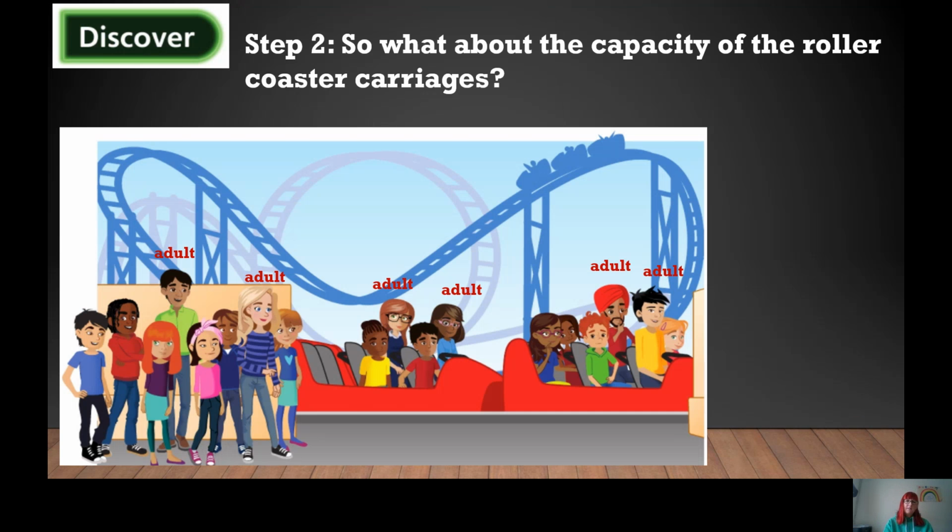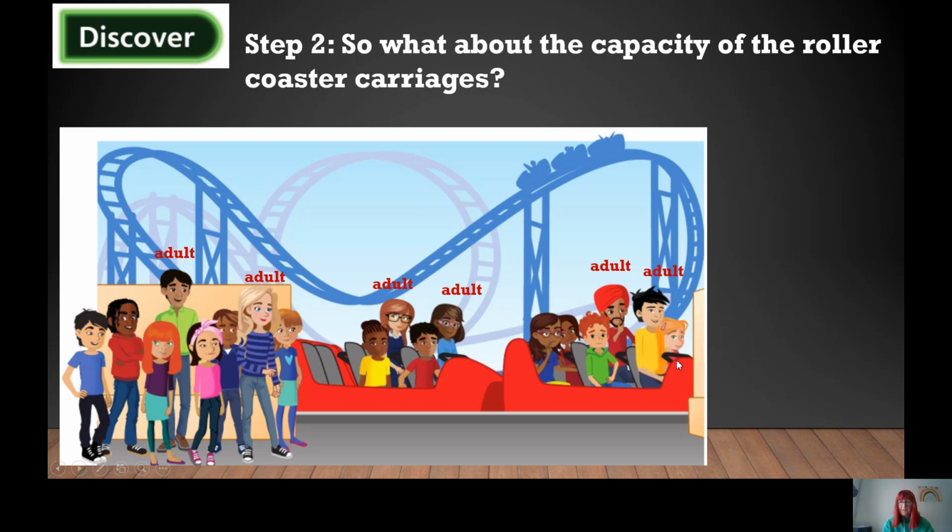All right. So what about the capacity of the roller coaster carriages? When I talk about capacity, I mean how full are the carriages? If we take a quick look at the information here, we can see 2 carriages. One has 4 children and 2 adults, so it looks like the full capacity for each carriage is 6.